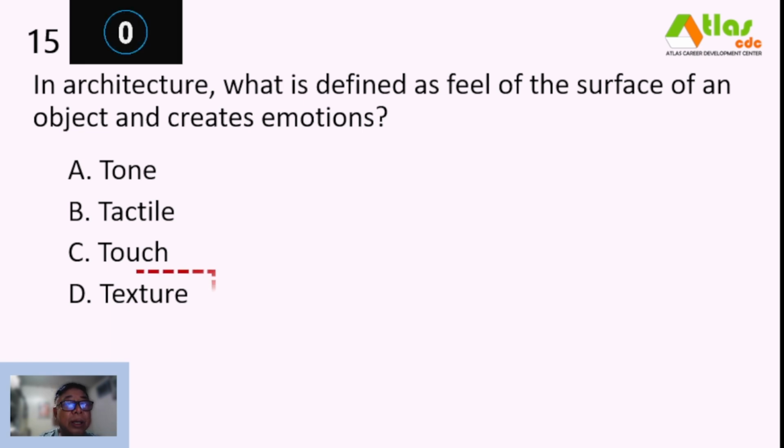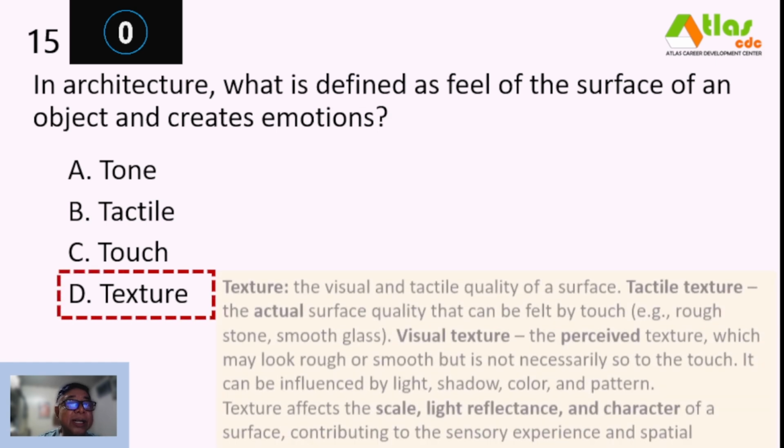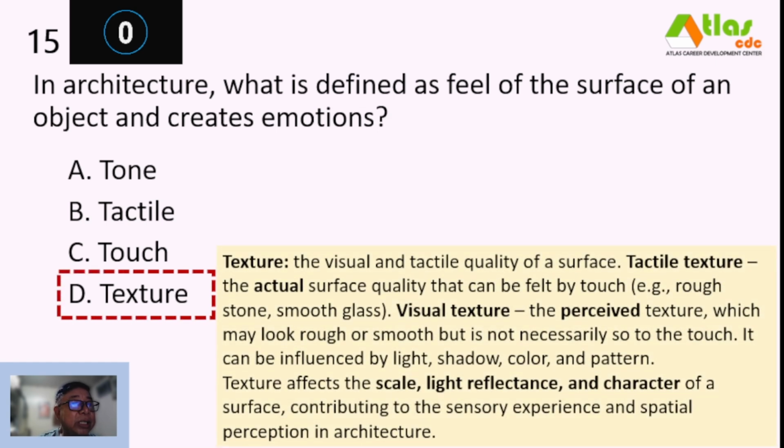And our correct answer is letter D, texture. So texture is the visual and tactile quality of a surface. Tactile texture, or the actual surface quality that can be felt by touch, that is rough stone, smooth glass. Visual texture is the perceived texture which may look rough or smooth, but is not necessarily so to the touch. It can be influenced by light, shadow, color, and pattern.